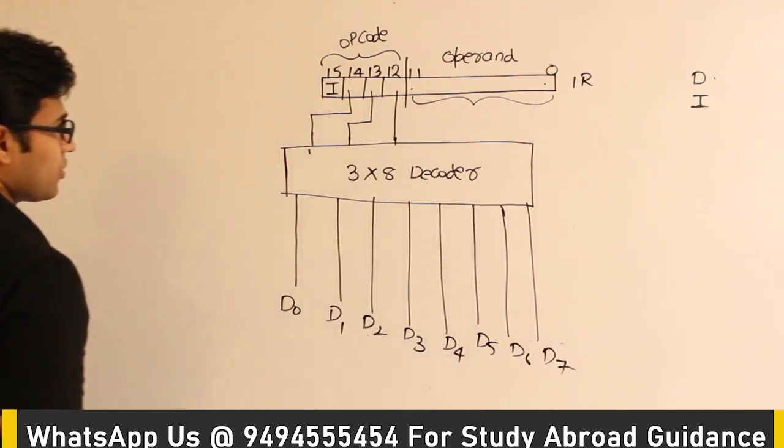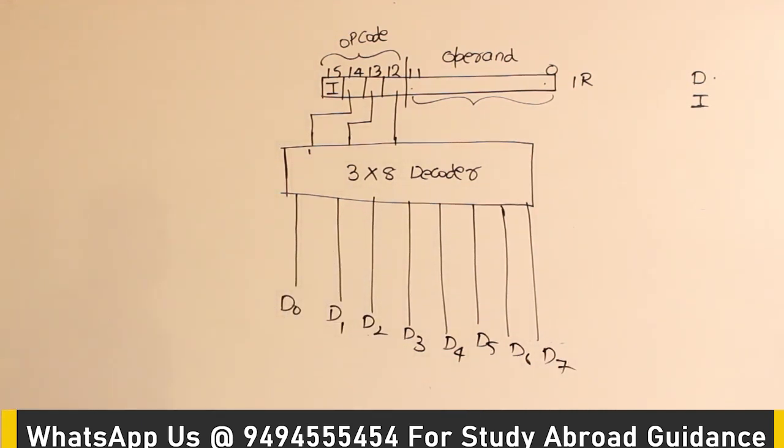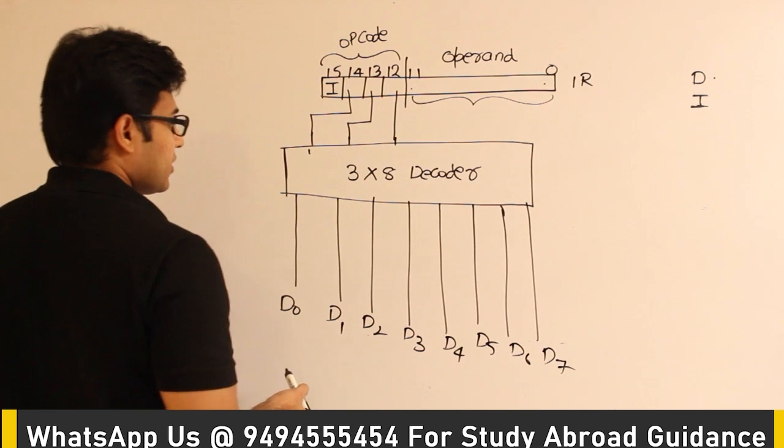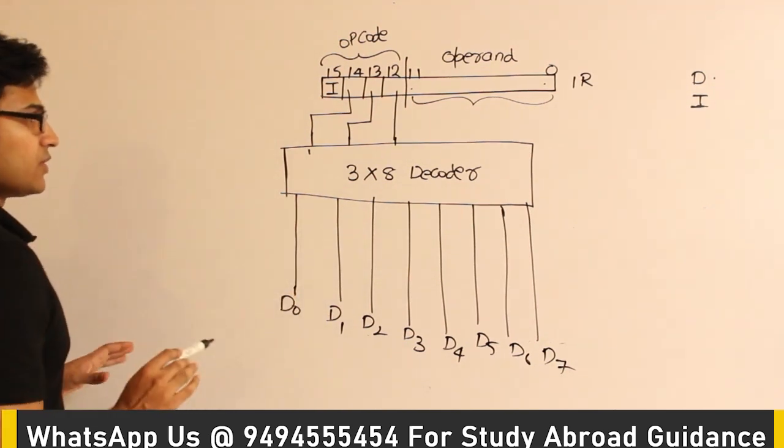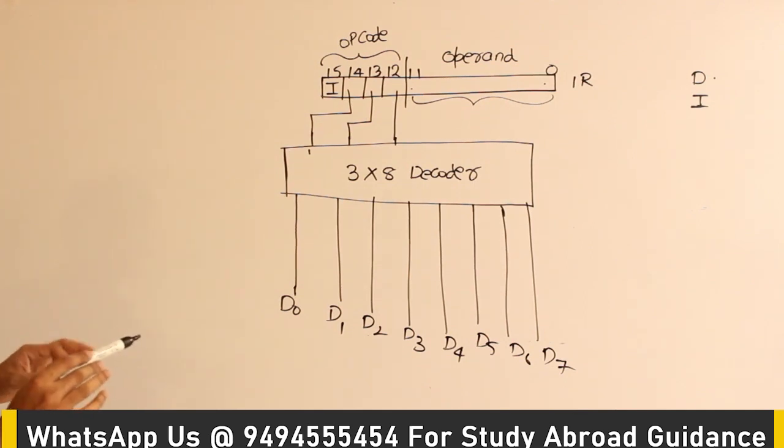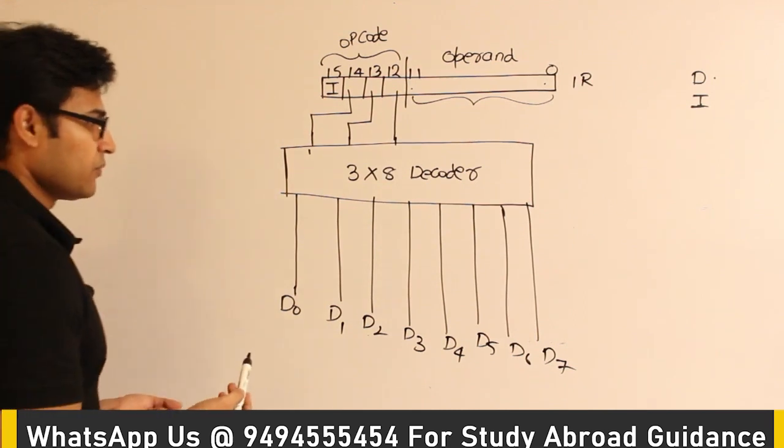Earlier I have shown you how timing signals will be useful in order to perform certain operations. Now I am showing you how the type of instruction will be useful. I am taking a small example which is not actually real. It doesn't exist in this computer, but it is the only example I could come up with.